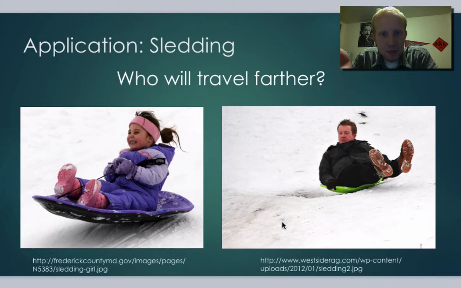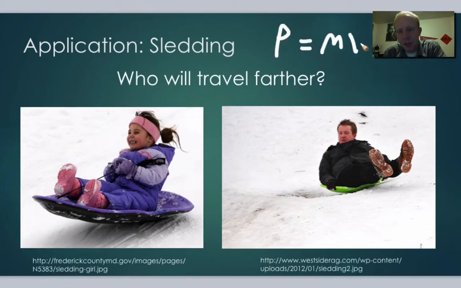If you think about it long enough, you'll probably remember that a full-grown adult is going to travel much farther than a little kid, and the reason why is their momentum. Because of gravity, they're going to accelerate at the same rate down the hill, so the velocities are going to be the same. If momentum is the mass times the velocity, and they both have the same velocities, this person has a much bigger mass than this person does.